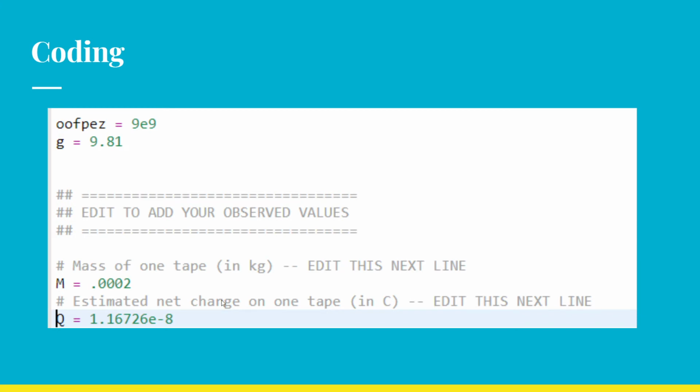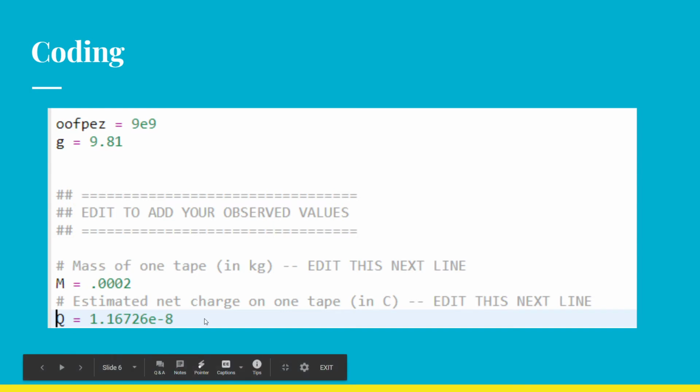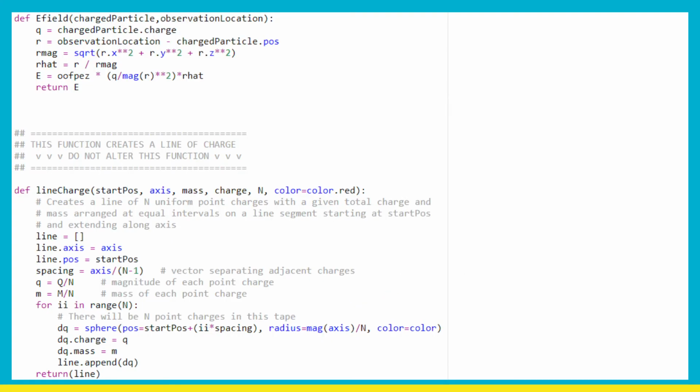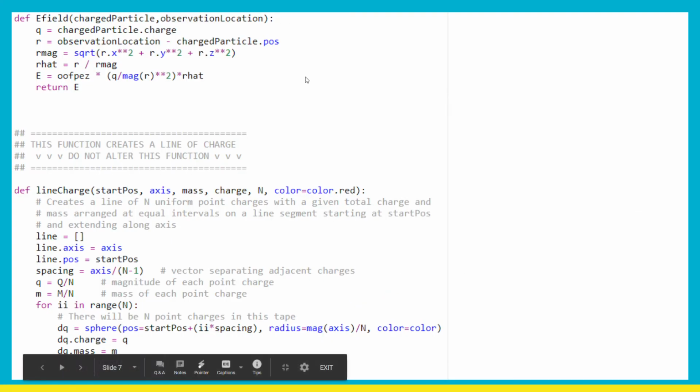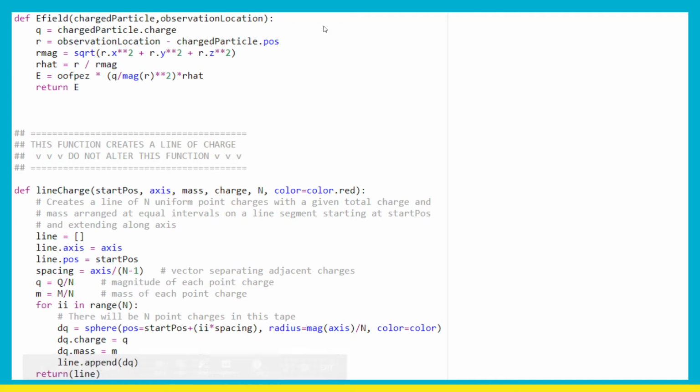Here you can see my constants, like my k value, which is 9 times 10 to the 9, gravity, which is 9.81, the mass of one tape, which is 0.0002 kilograms, and the estimated net charge on one tape, which is 1.167 times 10 to the negative 8. Here I created a function that calculates the electric field of a point charge.